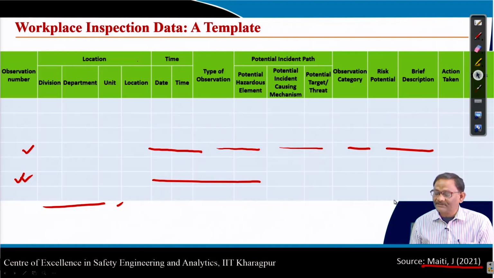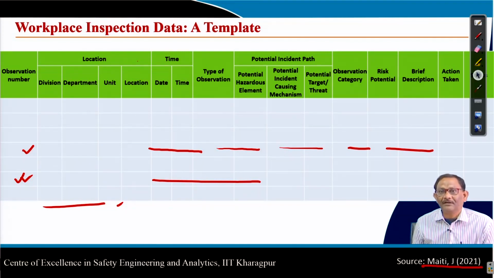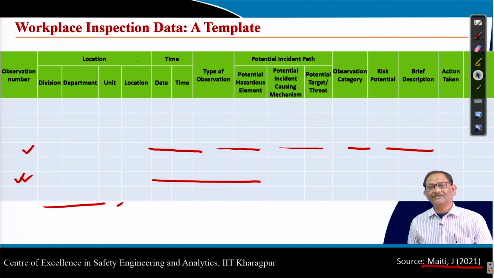I am not saying that process related, job related, technology related, human related, all those informations are not equally important. Whenever you are doing inspection, whenever you get the opportunity, whatever is required, try to capture as much as possible, but don't forget the minimum part of it.